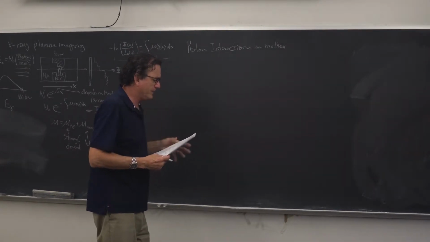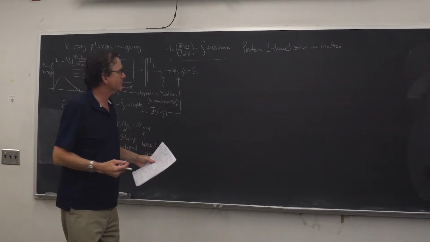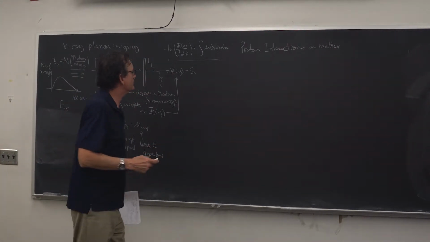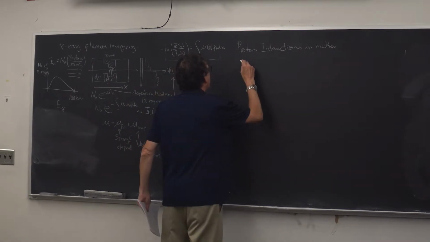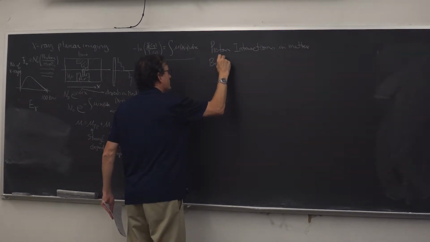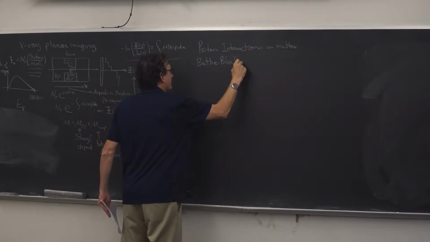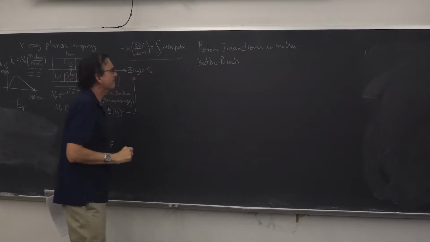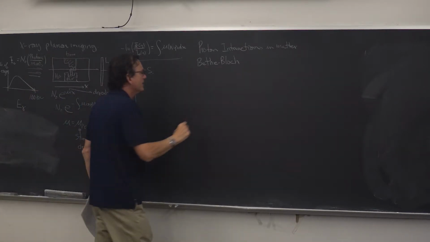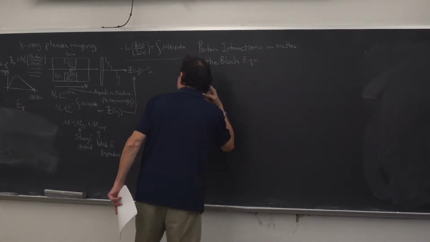Well, the most fundamental equation, obviously, that I should mention, was given to us by a physicist by the name of Bethe, and there's some discussion about this, but I always learned it as the Bethe-Bloch equation, spelled CH at the end. And the Bethe-Bloch equation tells us the following.